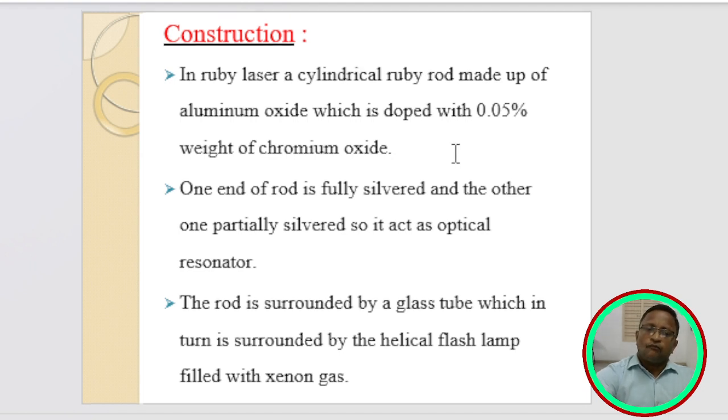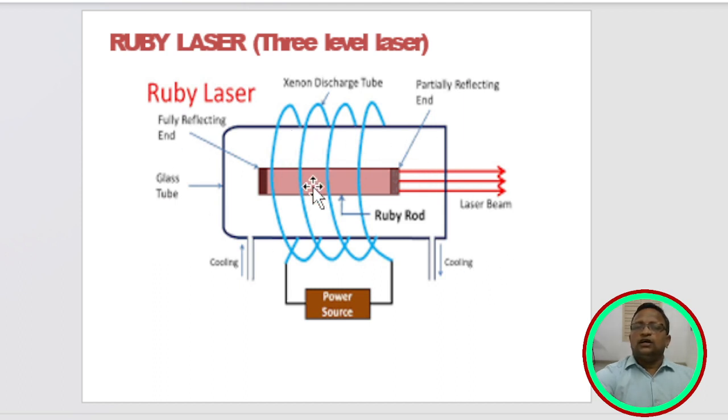This is a xenon discharge tube. At the center of the discharge tube, a ruby rod is placed.